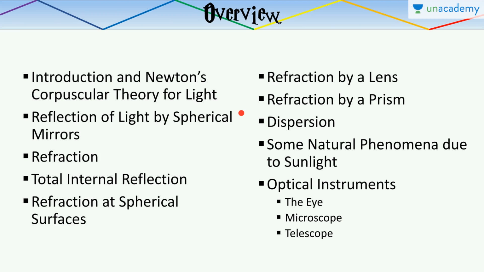Then we are going to study some of the natural phenomena caused due to sunlight. And finally, we are going to concern ourselves about the optical instruments that we see in our daily lives. The best example of it is our own eye, and the microscope and the telescope.